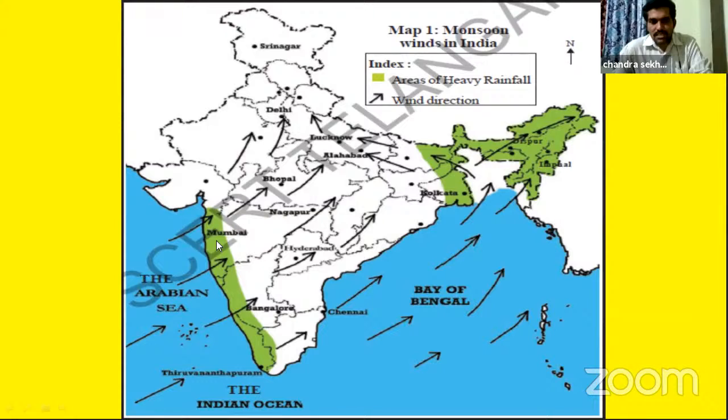Because of the Western Ghats, the west side receives high rainfall. Tamil Nadu is located on the leeward side of the Western Ghats and receives very low rainfall. At the same time, it is parallel to the Bay of Bengal branch. That's why it does not receive high rainfall in the southwest monsoon season. So most of India receives high rainfall at the time of southwest monsoons, except Tamil Nadu.